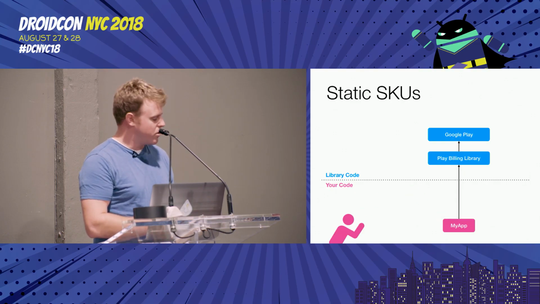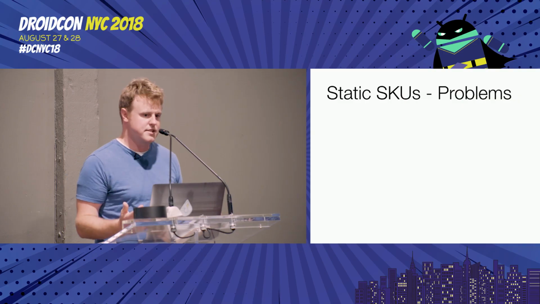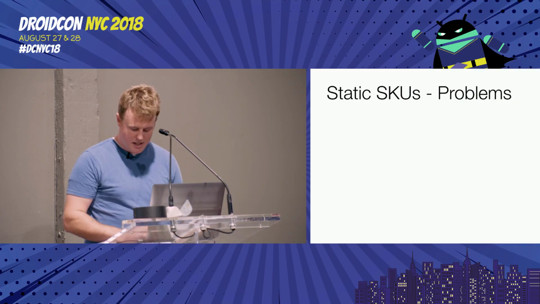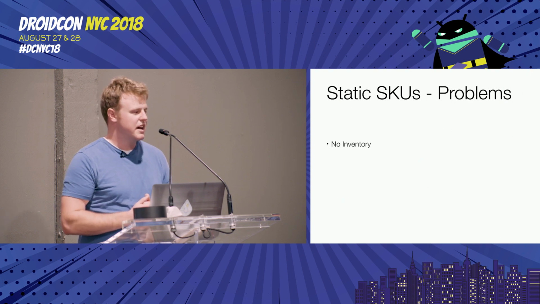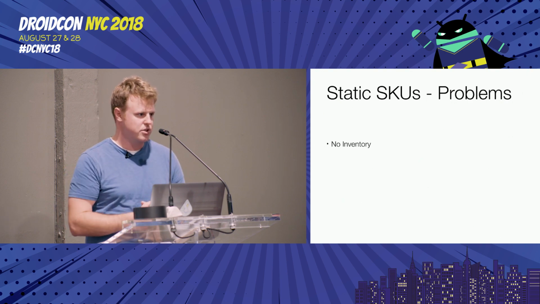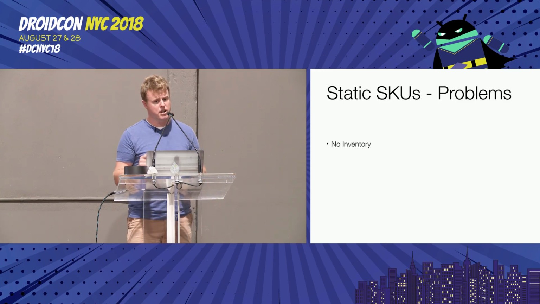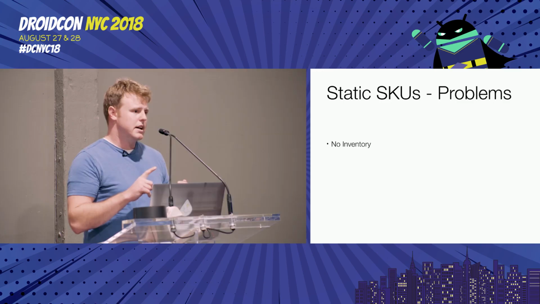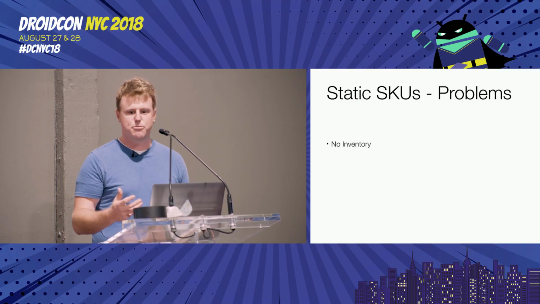All right? So as you can see, this is a testing solution, but there are some problems with it. First of all, there's no inventory. By inventory in this case, I mean you can't query with a static SKU and say, what has this user purchased? And this is important for a couple reasons. First of all, in Play Store's in-app billing, you can have consumable purchases.